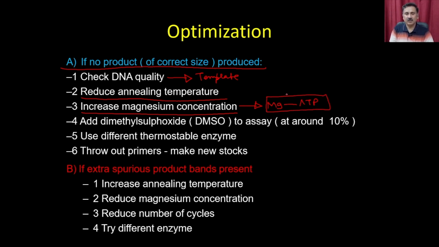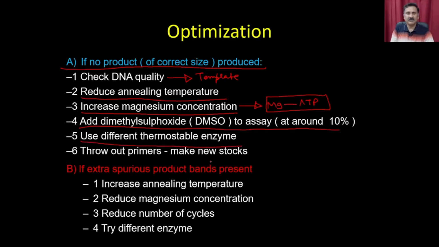So you can vary the magnesium concentrations. Then you can also add DMSO, which confers specificity in the system. You can use different thermostable enzymes, and that sometimes also works to provide you the product. If any of these things does not work, then you can design new primers, and it may work.